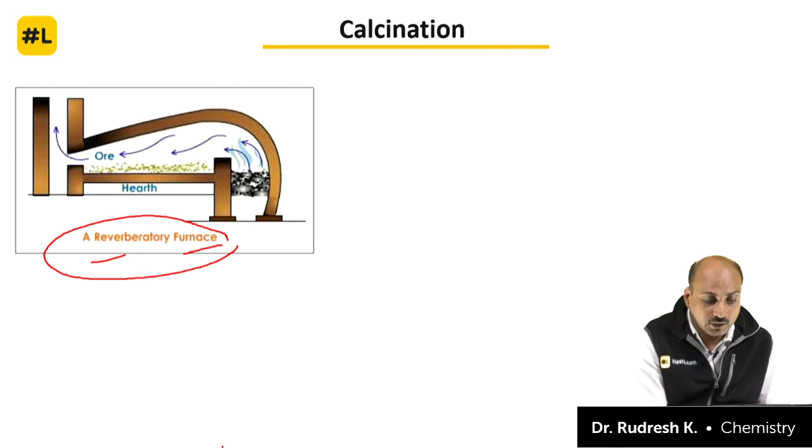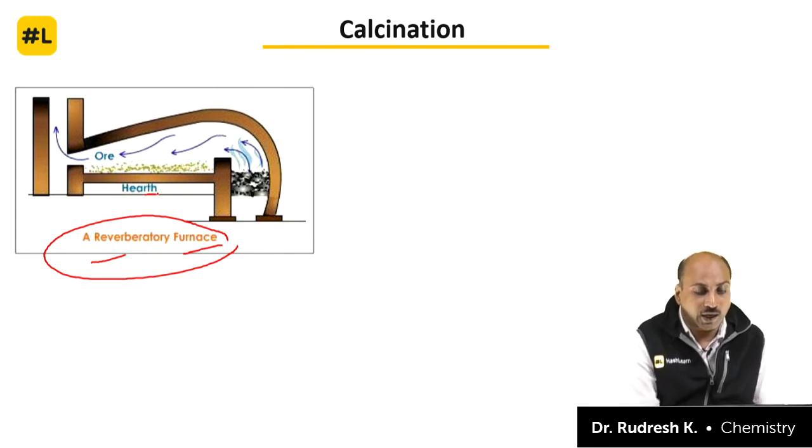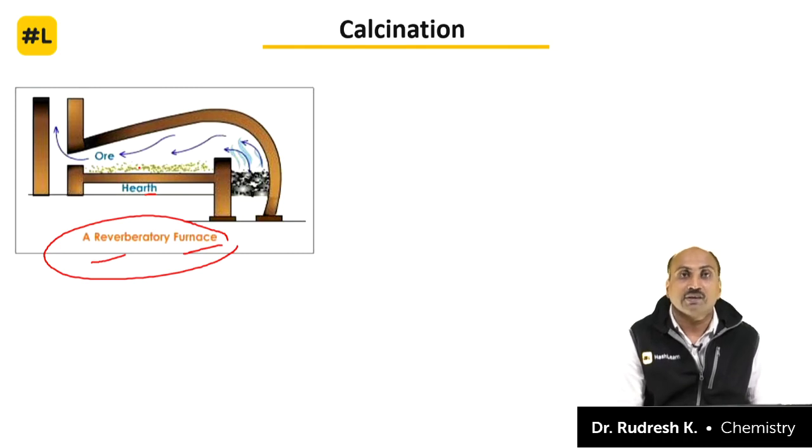Now if you see here, the ore is kept over here and we use a heating element like coke or any other source of energy on the other end. We are not heating the ore directly; the heat is transferred in the form of radiation to the ore. It is like in winter when you get cold, you do not put your hand into the flame, you sit next to the flame and warm your hands.